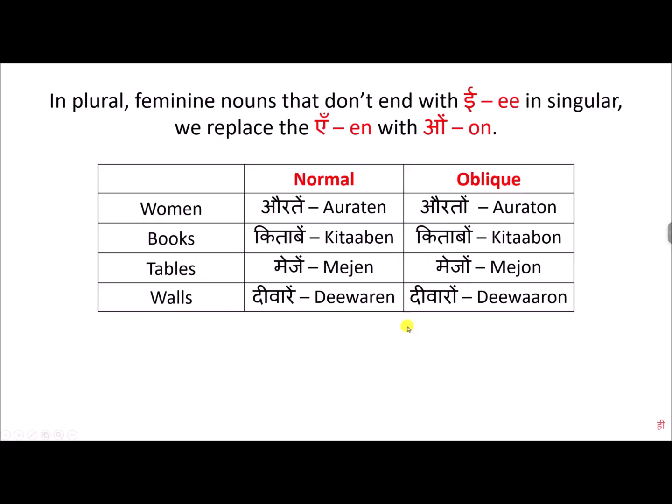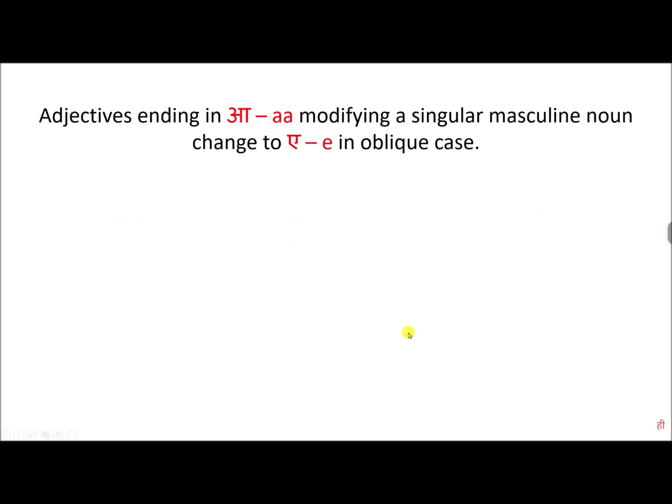Okay? Yes. So these are the rules to form oblique nouns and pronouns. Okay? Next, we have few rules for adjectives also. Adjectives ending in a, modifying a singular masculine noun, change to e in oblique case.